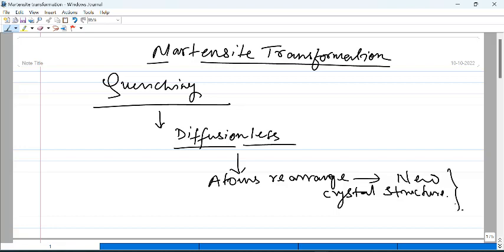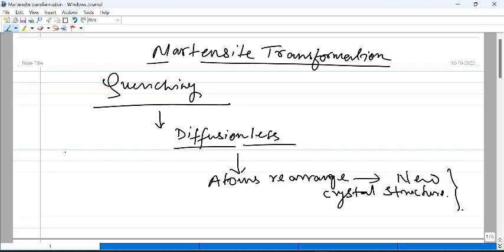Because we know whenever a new phase forms, the structure also changes. For example, in the pearlite transformation, austenite is transforming to ferrite and cementite, and both of these phases in the pearlite have different crystal structures compared to austenite. Austenite is FCC and ferrite is BCC.